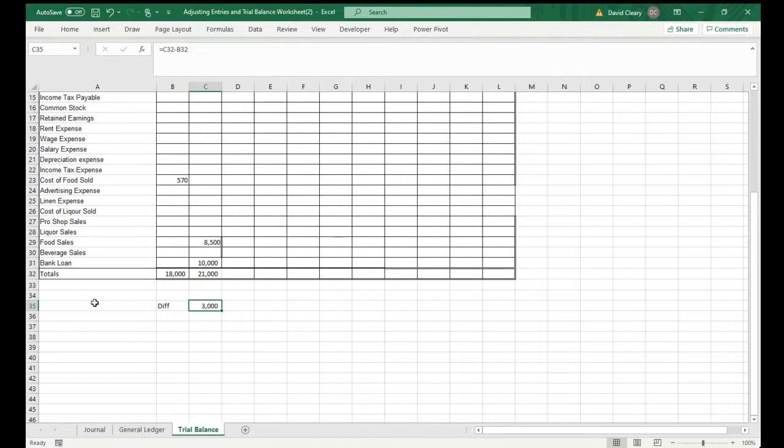There's no transaction in our ledger or in our journal that's worth 3,000. But because we've posted it to the wrong column, what we can do is take that amount, divide by 2, because it's compounded by 2, and that's the amount we look for, and that's how you all found it within the prepaid expenses being in the wrong column.